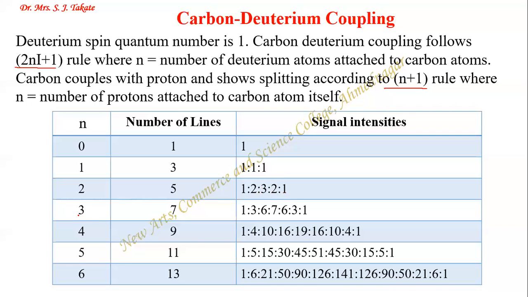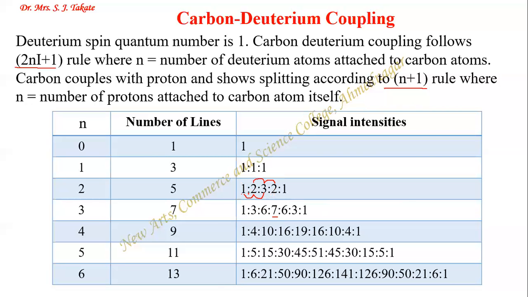Then if we have three deuteriums attached to the carbon atom, we get a septet. How can we get the septet intensities? The first one is as it is, then 1 plus 2 is 3, then 1 plus 2 plus 3 is 6. Then I skip the first line intensity and add three of these: 2 plus 3 is 5, plus 2 is 7.